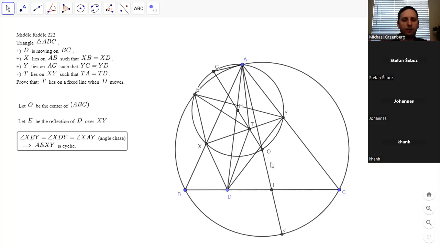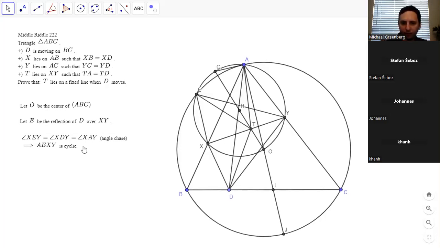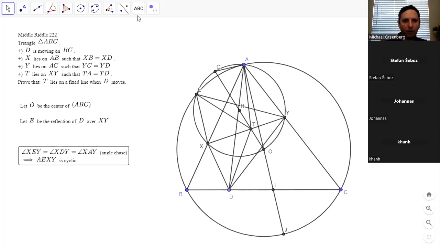You said BED and CED? BED and CED. Okay. You have the circumcenter, and that's why you can get those angles. So X is the circumcenter of BED and Y is the circumcenter of CED.